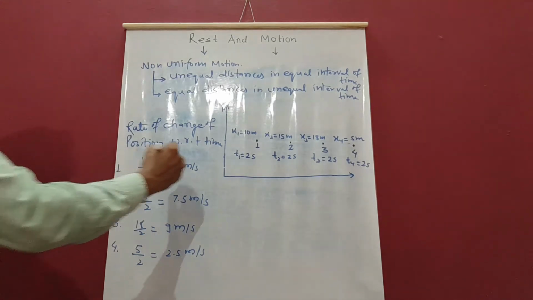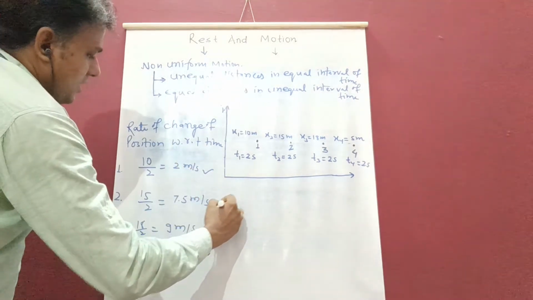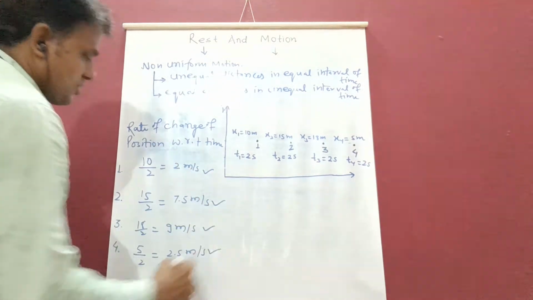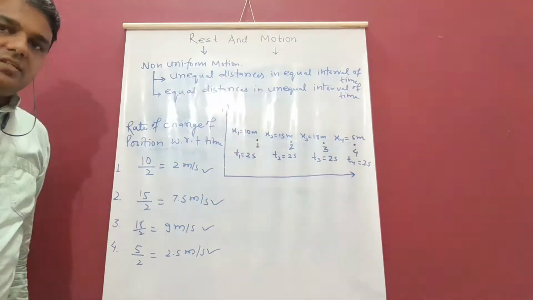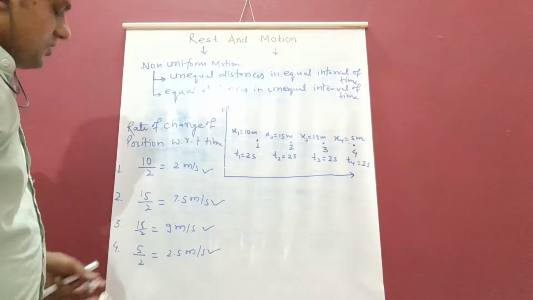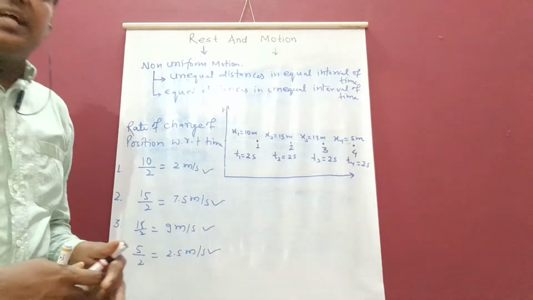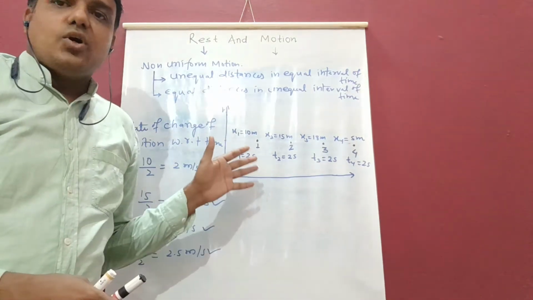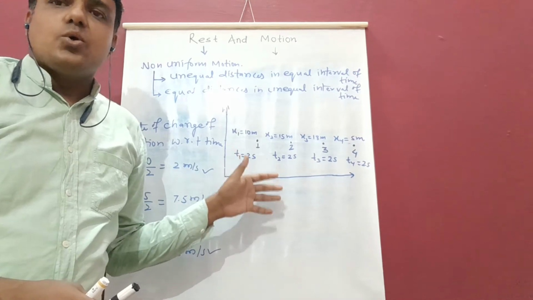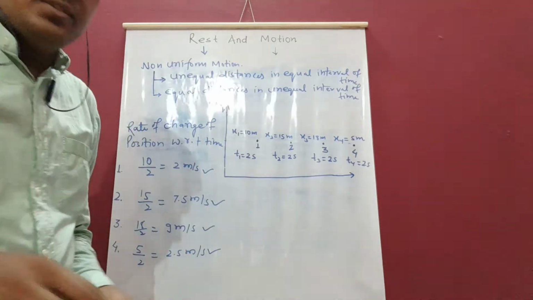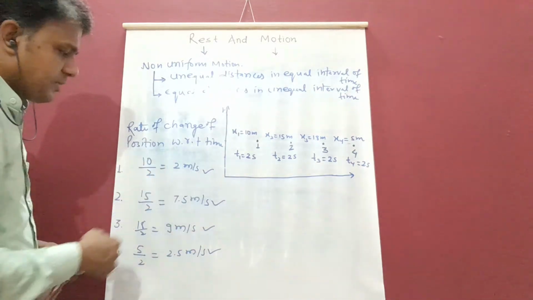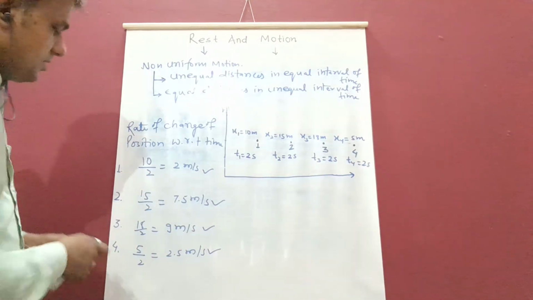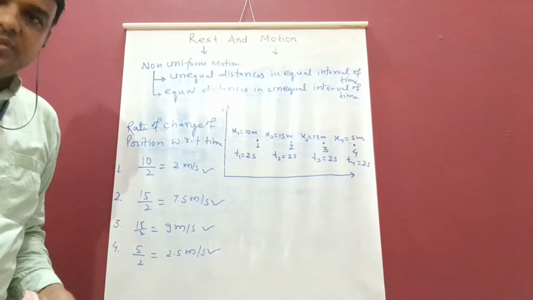So we can see that the rate of change of position with respect to time is different in all the cases. That's why in this case we can say that the object is in non-uniform motion. Here the rate of change of position with respect to time is represented in terms of v1, v2, v3 and v4.